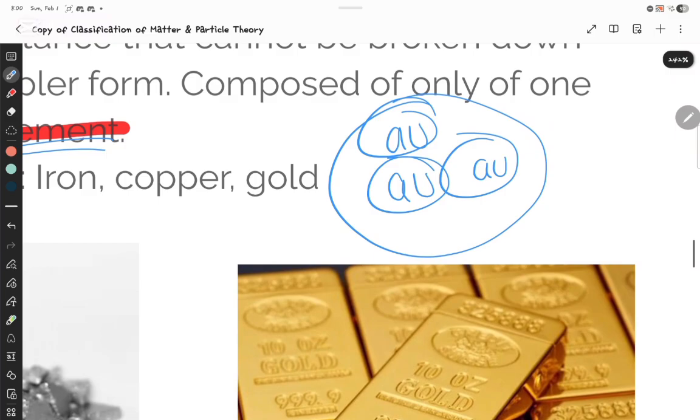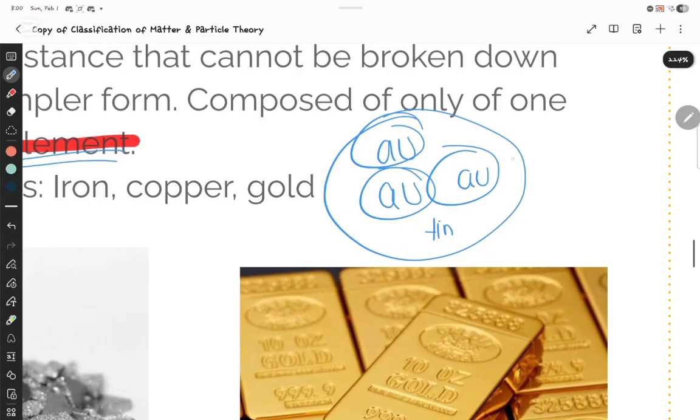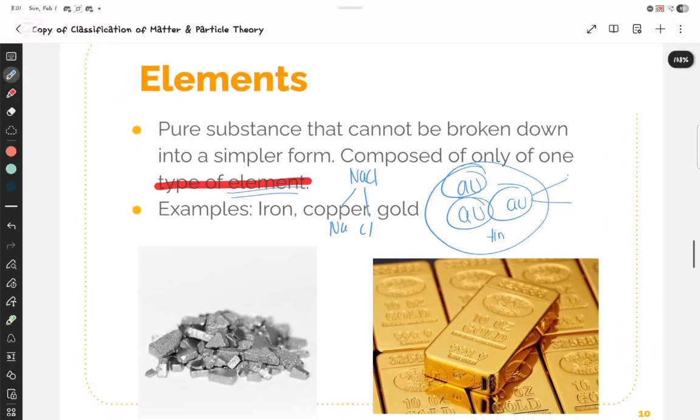But if you add, let's say, tin, then it's not an element. You cannot break gold down further, but you can break down NaCl. You can't break gold down into anything simpler than that. So it's only one type of element in the container.